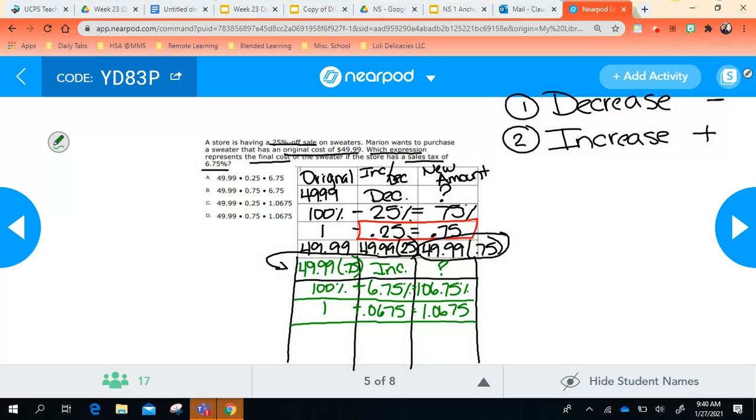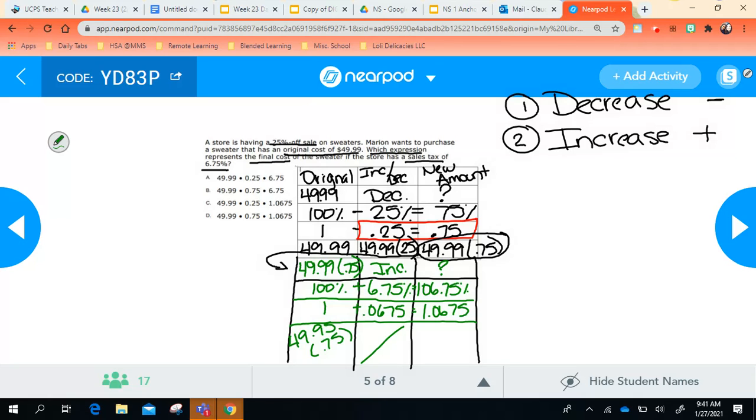Okay, now for that final step of our 2-step problem. What did we say our new original was? 49.99 times 0.75. I'm going to skip that one in the middle, and I'm going to come to the last one.